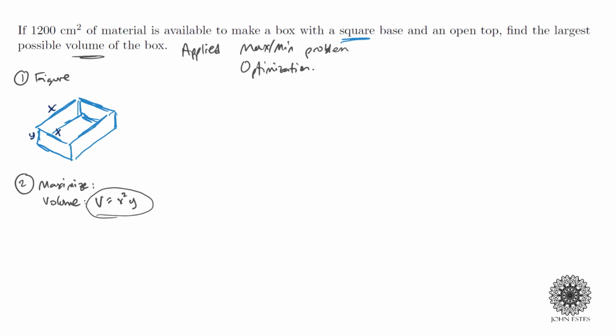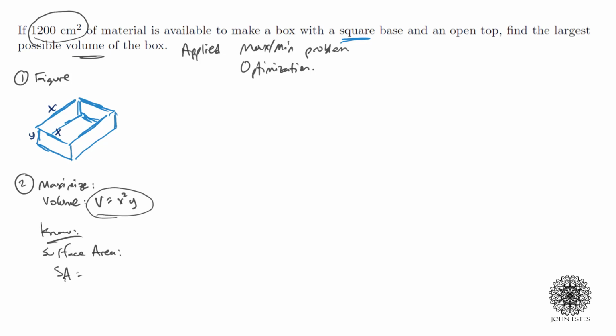Now what I know, so they give me some sort of restriction, is this value, 1200 centimeters squared. That's material. So you think, what kind of material do you need to make this box? Well, that relates to surface area. So what I know is surface area, and we'll call it SA.